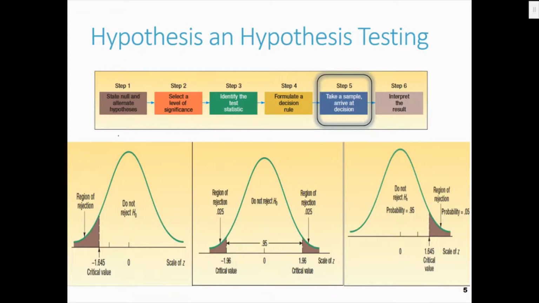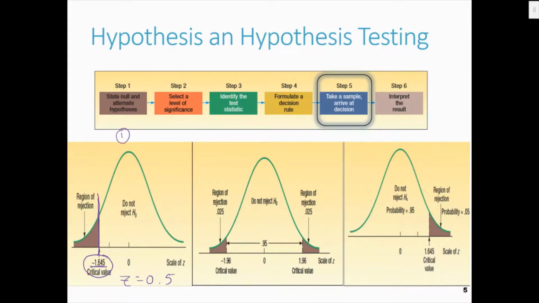Now, this is what we saw from step 4. For example, call this case 1, where you have a critical value, and then you do a test. The critical value is negative 1.64 for this particular figure. Let's assume that for your test statistic, you got a Z equal to 0.5.